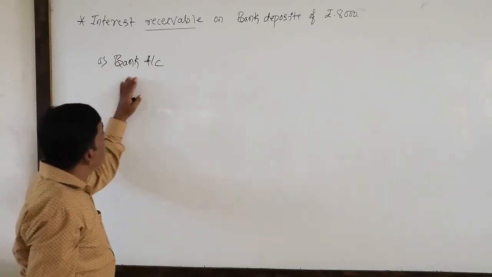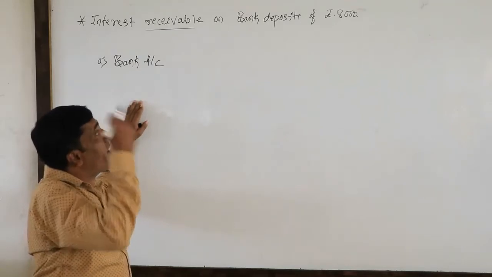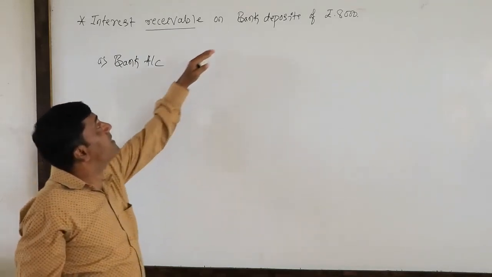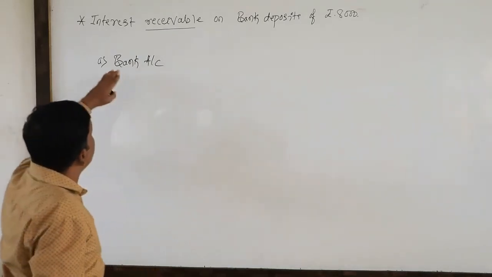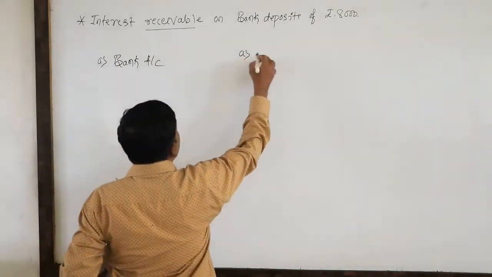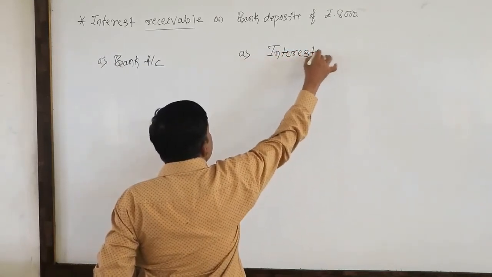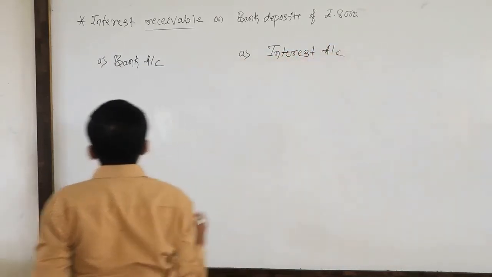Why am I writing the bank account? Because the interest amount is still in the bank only. The second point, as usual, is interest account.